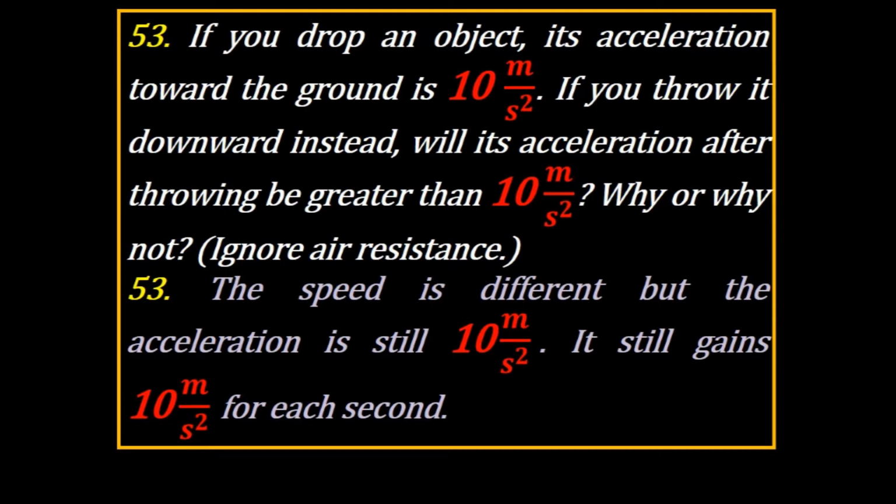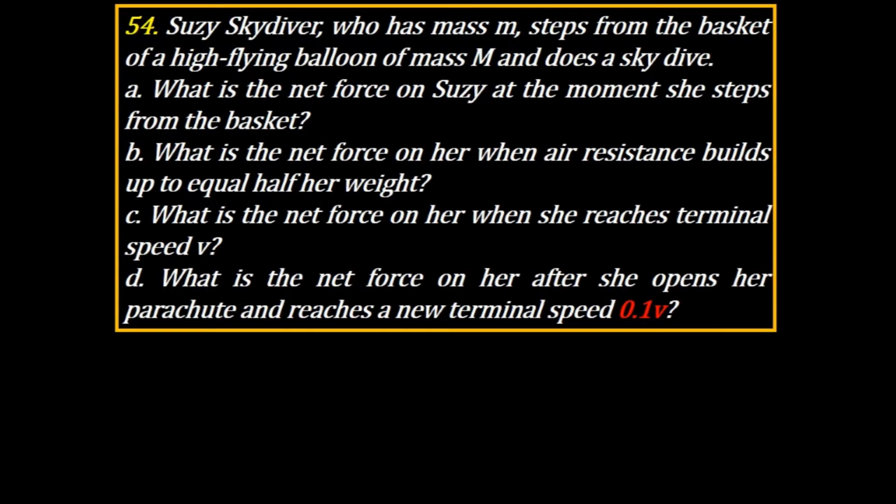So anyway, Suzy Skydiver, who has a mass of m, steps from a basket on a high-flying balloon of mass m and does a skydive. What is the net force on Suzy at the moment she steps from the basket? What is the net force on her when air resistance builds up to equal half her weight?